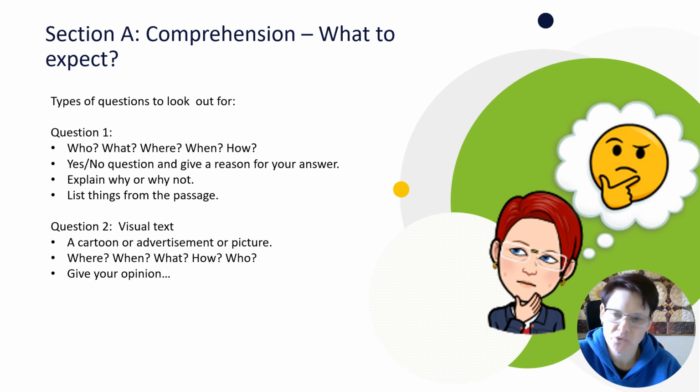Another thing that they would probably want to know is an explanation. Explain why something is that way or why not. Another thing is, let's use an example. Let's say the passage that they give you has to do with 7 activities when visiting the zoo.